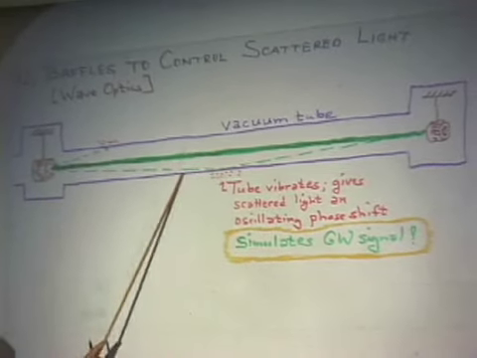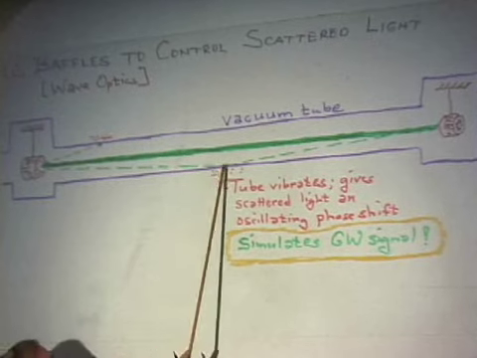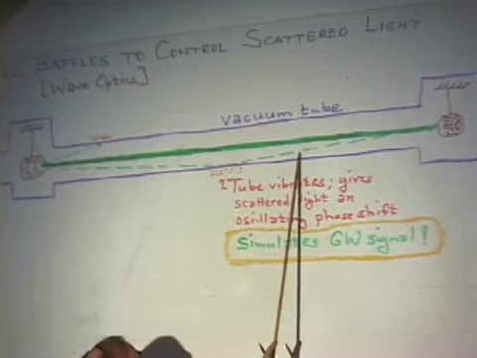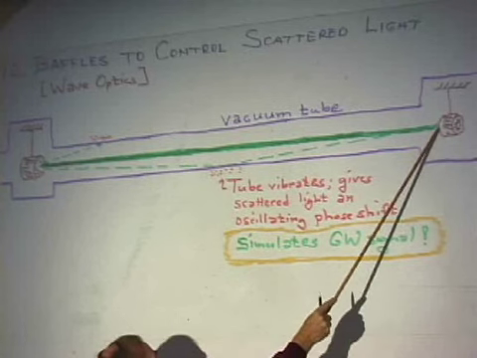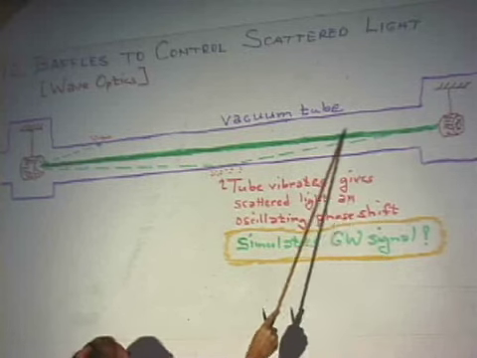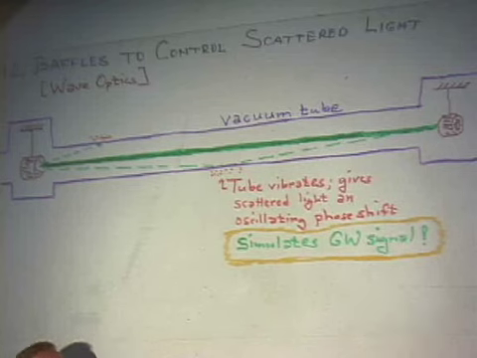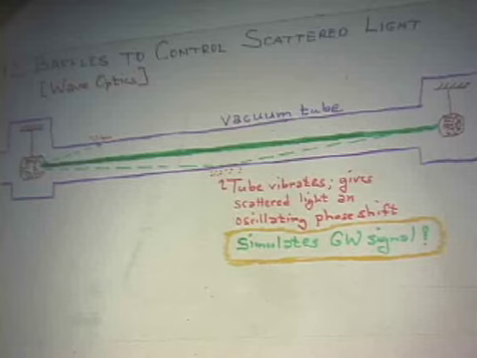It can go down, bounce off the wall of the beam tube, come back, and with a probability of, say, 10 to the minus 6 or 10 to the minus 7, scatter back into the main beam, which means you may still get back into there, say, 10 to the 6 photons or so. So that's still a lot of photons.